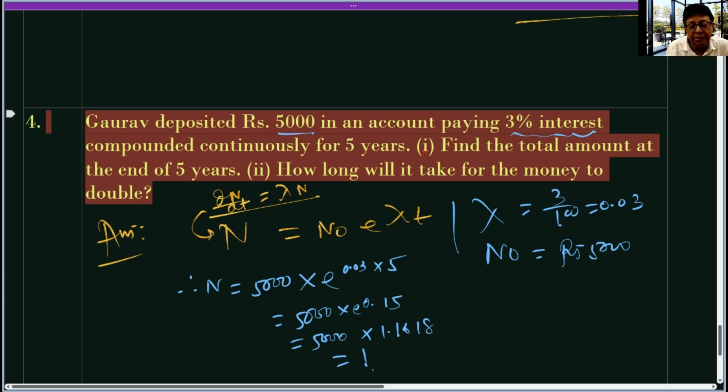This is coming to rupees 5809, approximately. Is that clear?